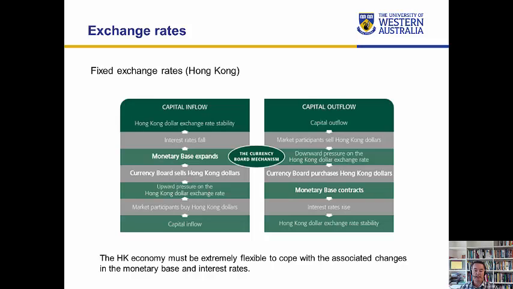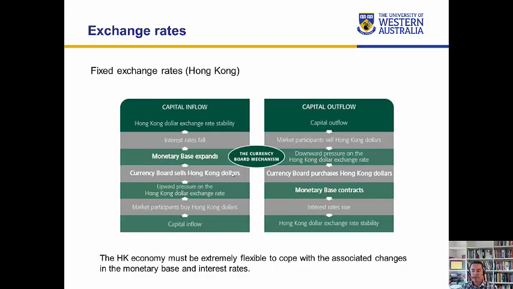The currency board then sells Hong Kong dollars or supplies Hong Kong dollars into the market. In exchange, they accumulate more foreign exchange reserves, the currency board, that is. Now, when the currency board supplies or sells more Hong Kong dollars into the foreign exchange market, that money quickly comes back into the domestic Hong Kong economy, and that is what then increases the monetary base in Hong Kong.